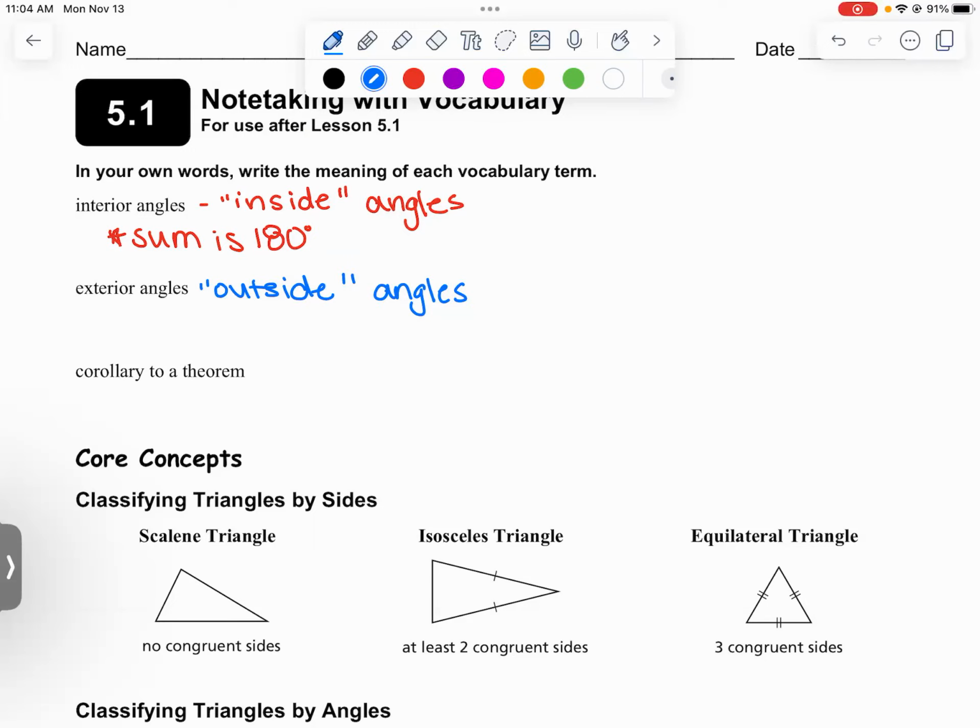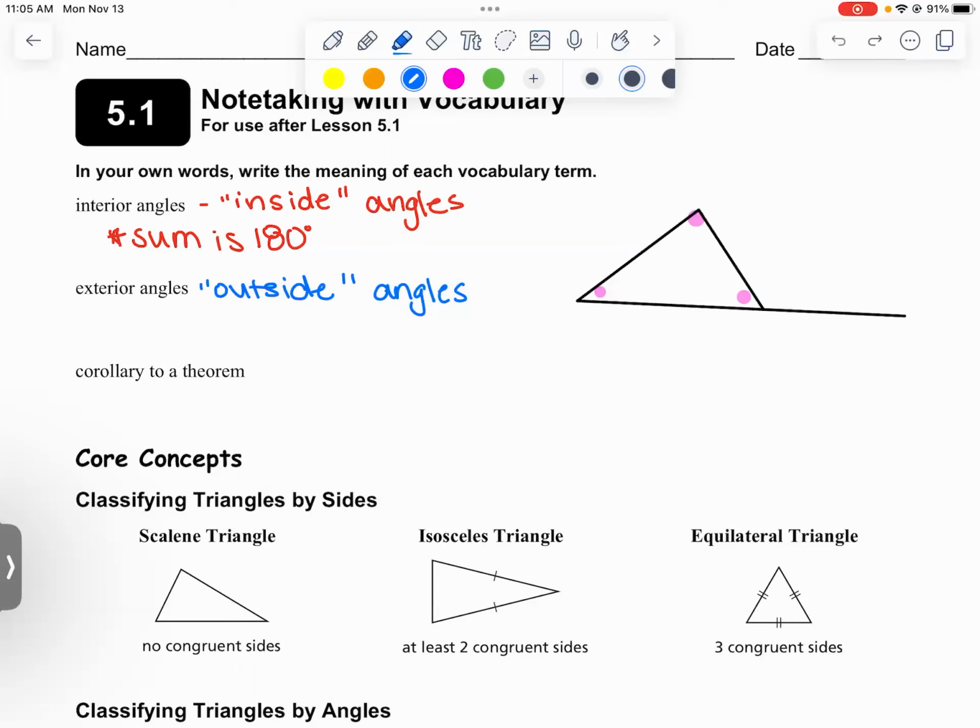So let's talk about this whole exterior angles thing. Okay, so here's a triangle, and I'm going to highlight in pink my 3 interior angles. And then here I have an exterior angle, where basically I took my triangle and made one side keep going, right? That's an exterior angle.